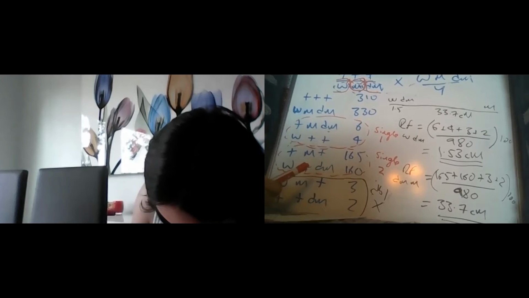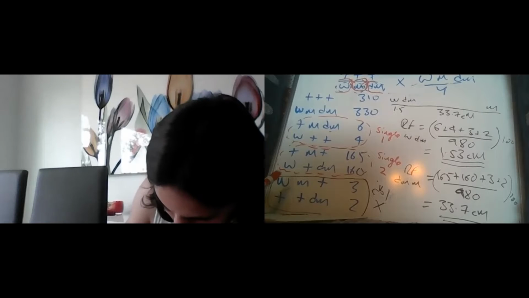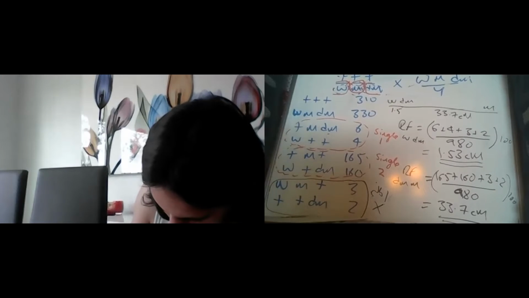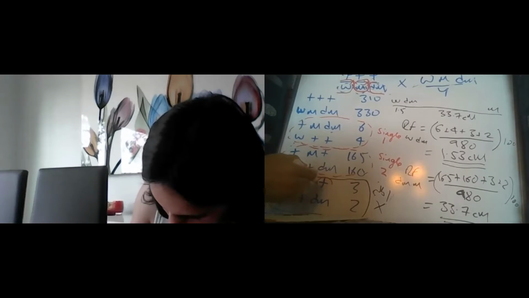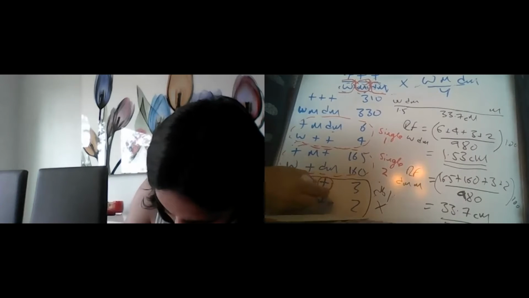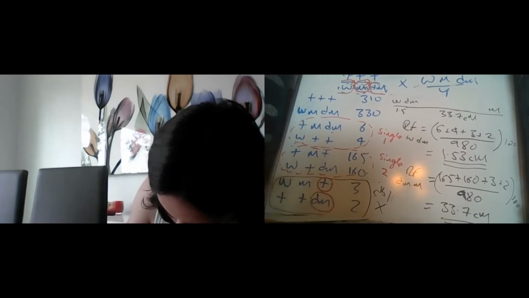This group is a single crossover. So from the double crossovers, now we look here and we go, okay, which one is moving? The one that's moving is going to be the odd one out, essentially, which is going to be this one and this one.